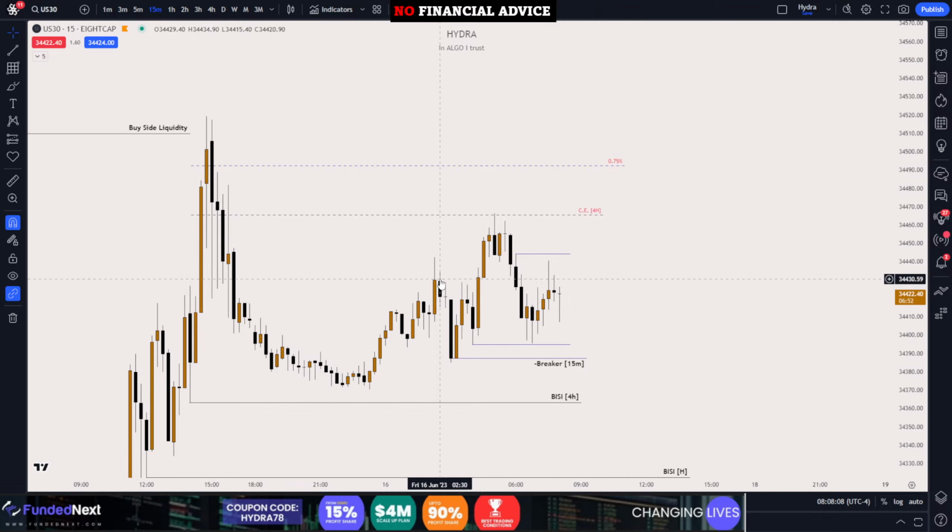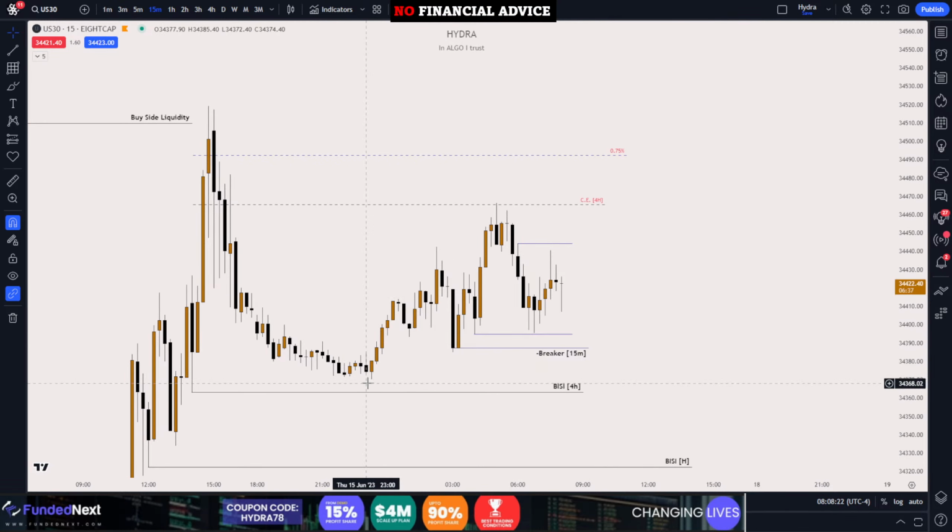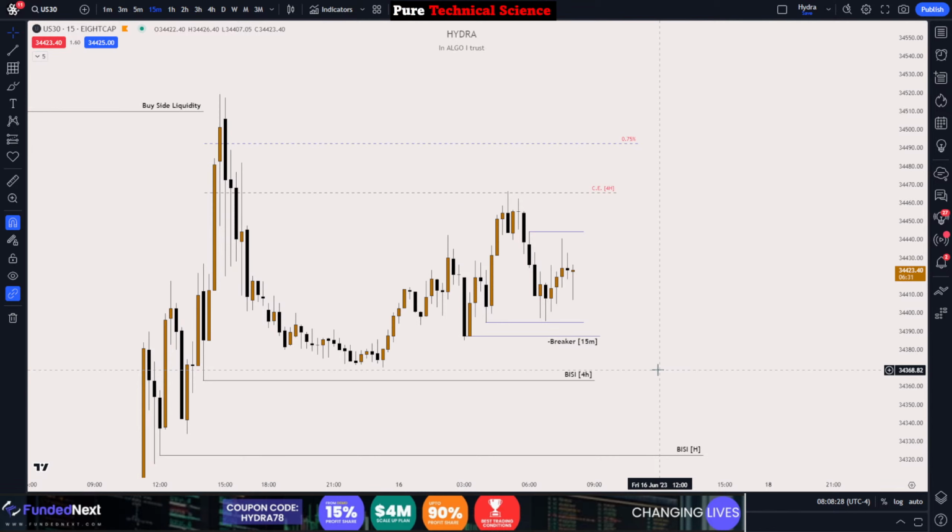We do see a clean swing here, a new swing high. Is it clean? Yes, it's clean. And then price dropped down. If price is going below this last down close candle, then it's going to be working as a breaker, and we'll see if it's working or not. We do have relative equal lows down here. So that's the whole expectation from my side on US30.